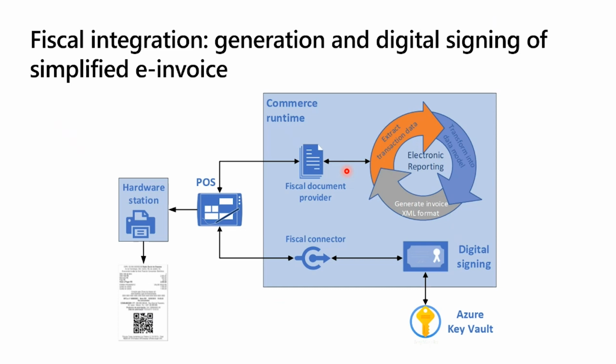Right, and also it's important that when we generate the hash of a simplified e-invoice, we need to include into the data of this invoice the hash of the previous simplified invoice generated on the same point of sale, thus creating a kind of a chain of signed electronic invoices.